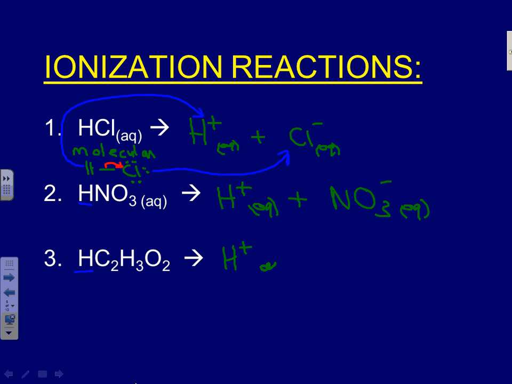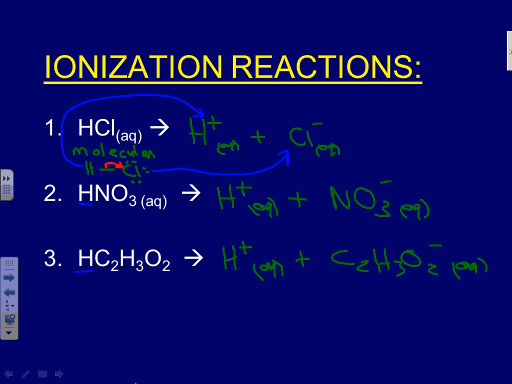H plus falls off. The electrons go with this thing to make it negative. C2H3O2 minus, aqueous. All right? Again, these are all molecules because they're all nonmetals. And they become ions, and so it's called ionization.